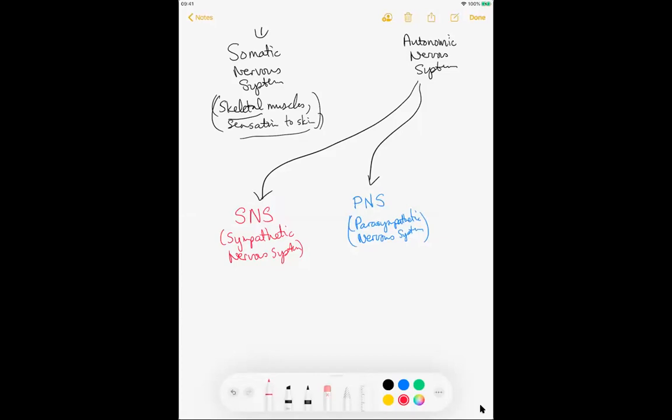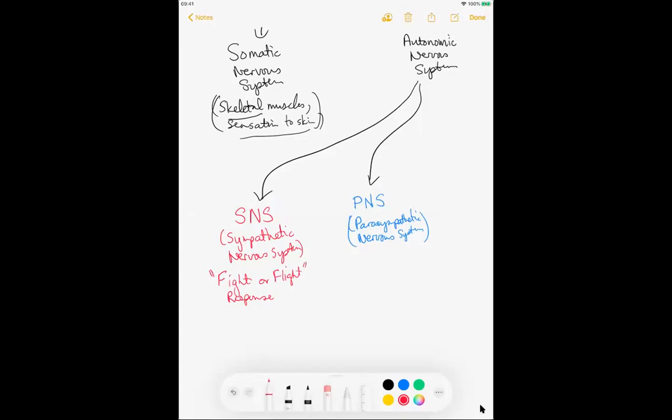The sympathetic nervous system controls what is referred to as the fight or flight response. That fight or flight response is that response with adrenaline and noradrenaline, or epinephrine, norepinephrine.